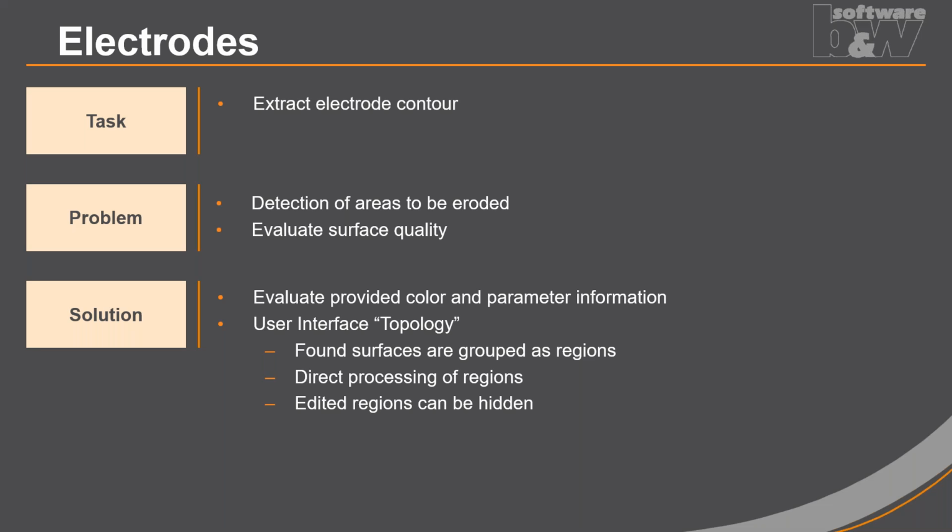And inside Smart Electrode, we have a new user interface called Topology, which helps you to group the surfaces as regions. You can directly work with those regions. And if some surfaces are used or edited in the user interface, they can also be hidden.